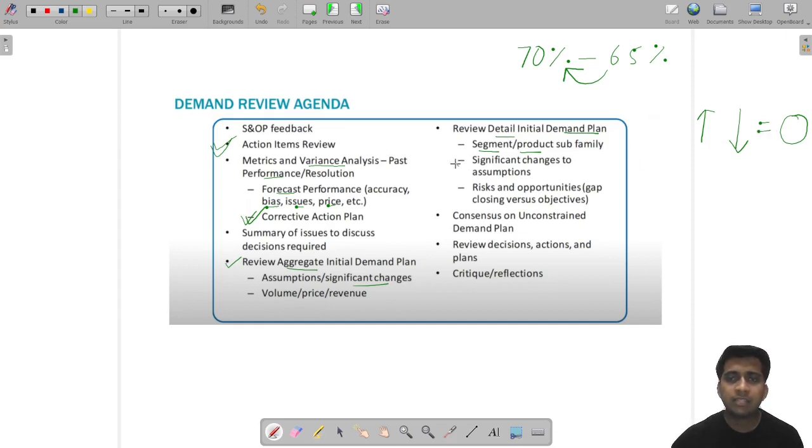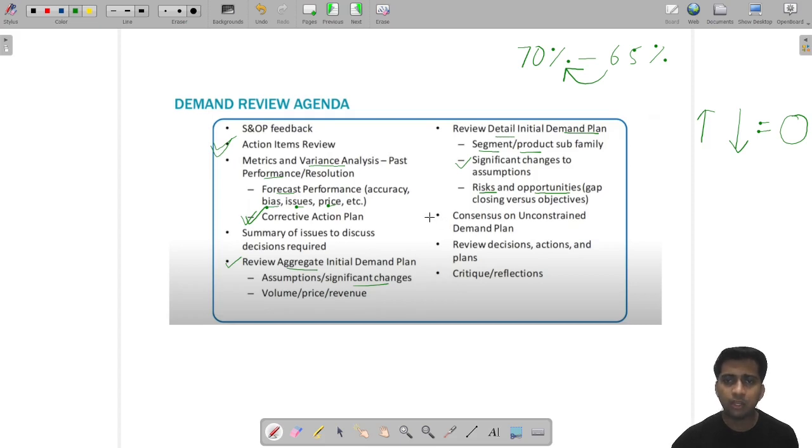Any significant assumptions, risks and opportunities. Is there a risk with a certain customer, whether the customer would place an order or not? Is there an opportunity where we can make more sales by doing a promotion, or do we have excess inventory of something? All those risks and opportunities are another point of agenda that can be discussed in the demand review process.